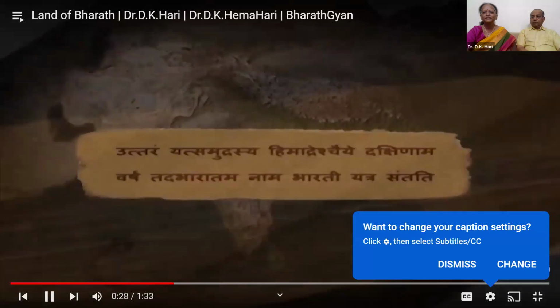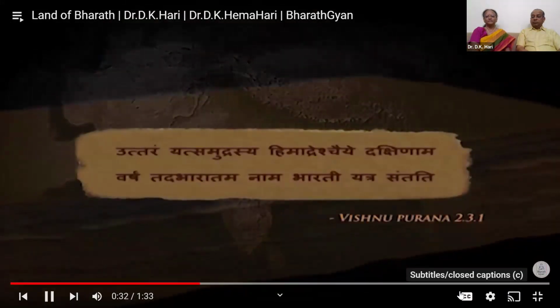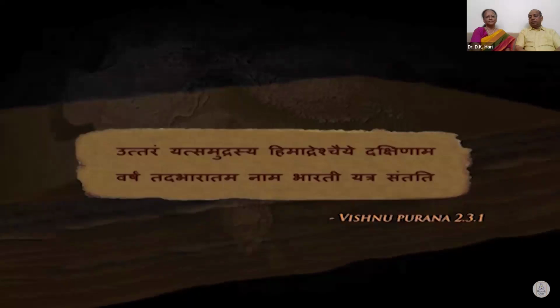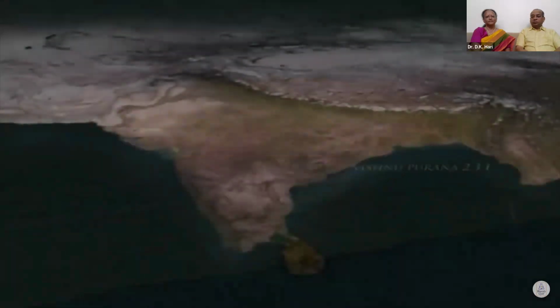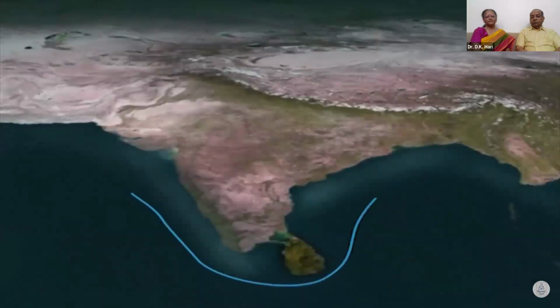Uttaram yat samudrasya himadraschaiva dakshinam, varsham tat bharatam nama bharati yatra santatihi. It means that the land that lies north of the oceans and south of the snowy mountains, the Himalayas, is called Bharat.